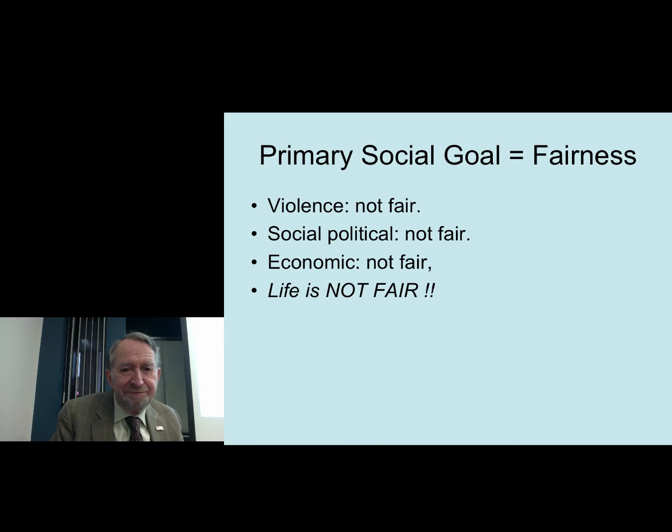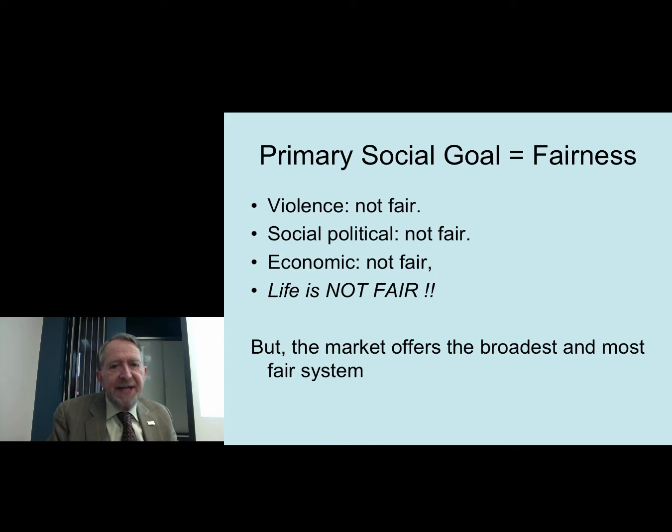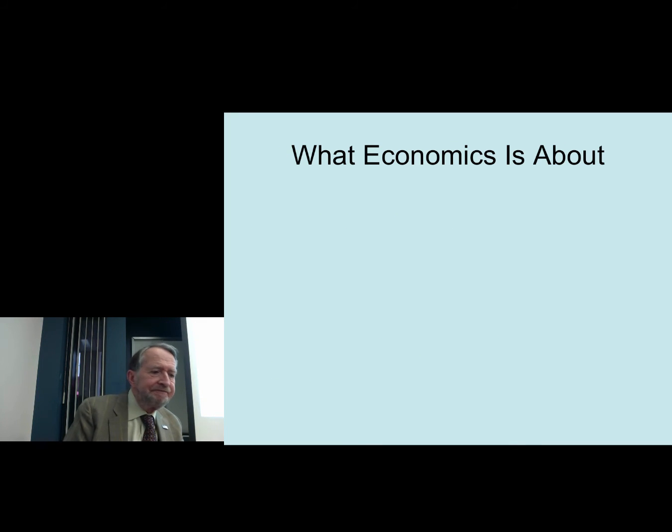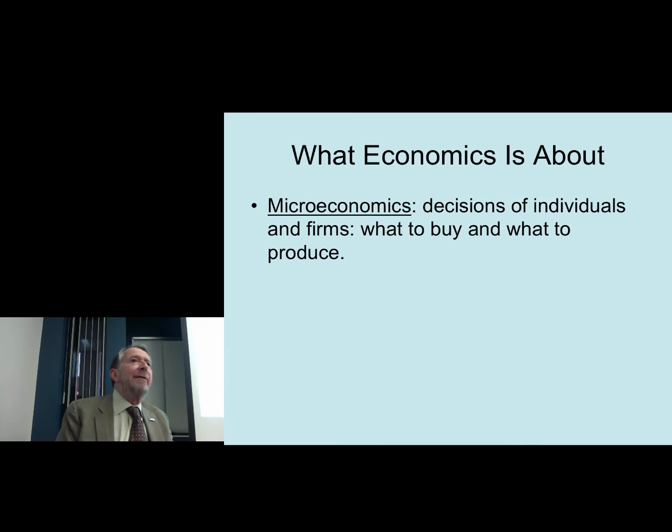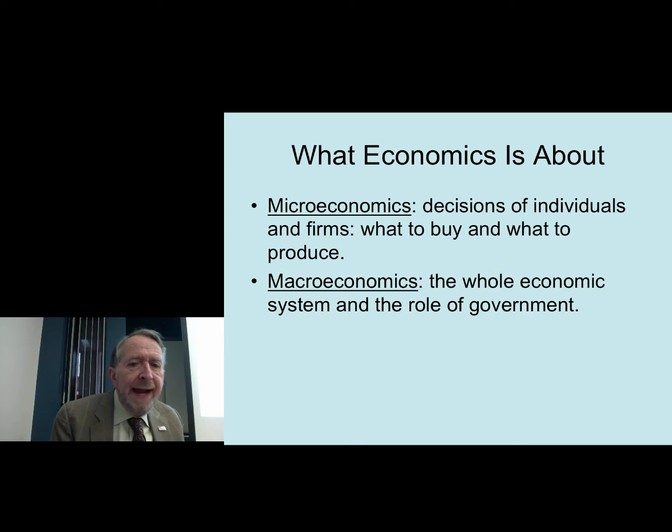So life's not fair. And as I said, the market does offer the broadest means of competition. Economics, micro, is the study of individual decision making, both in choosing what jobs to take and what products to buy and when to spend money and on what. And then macro is the study of the entire economic system.